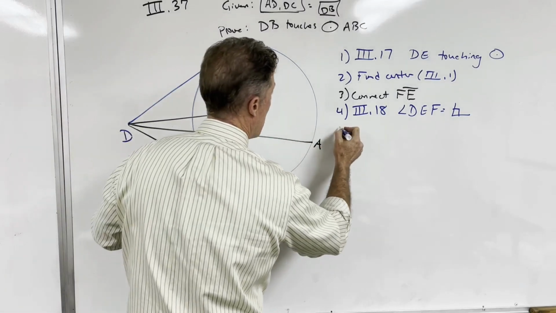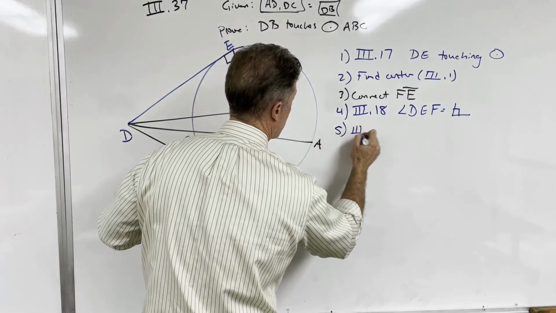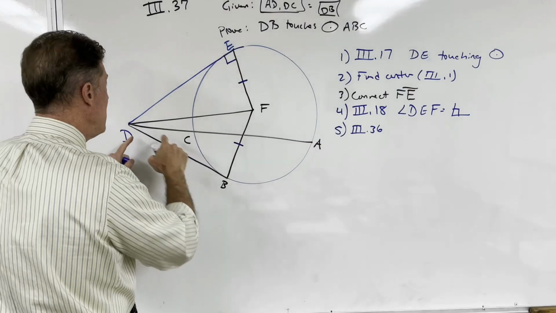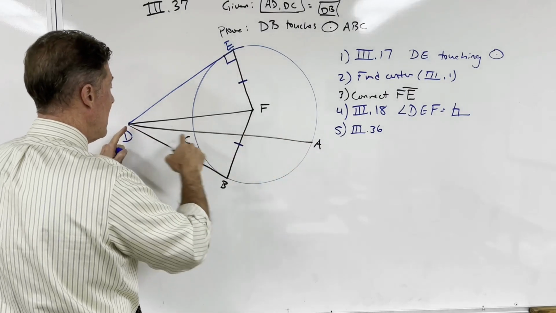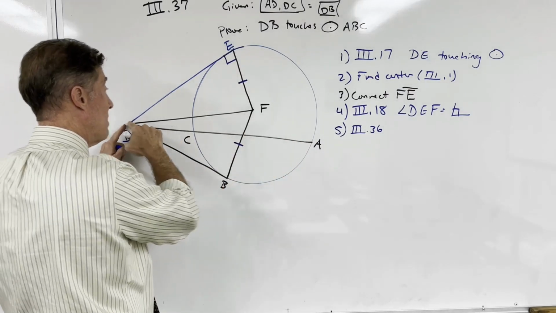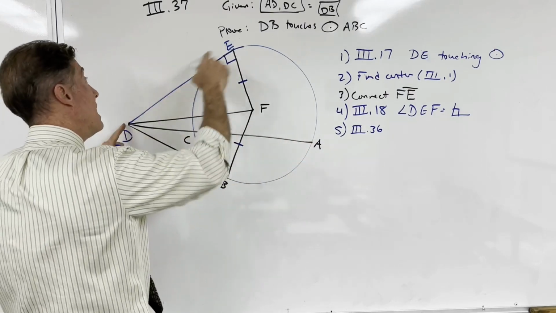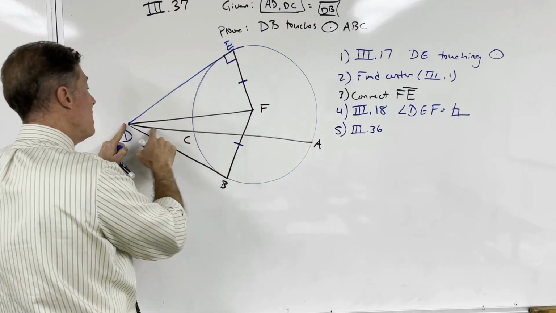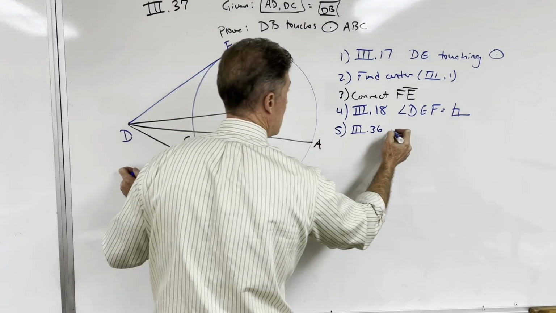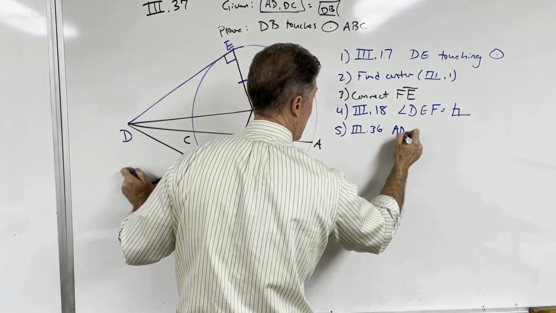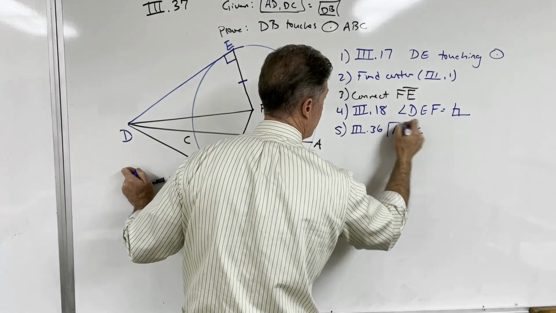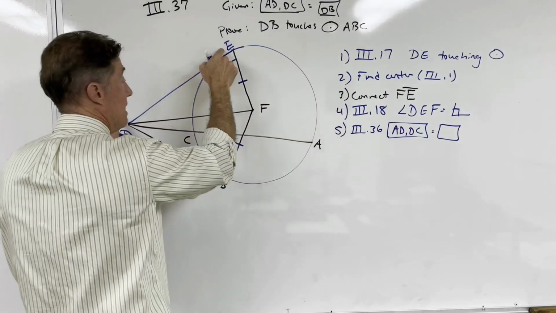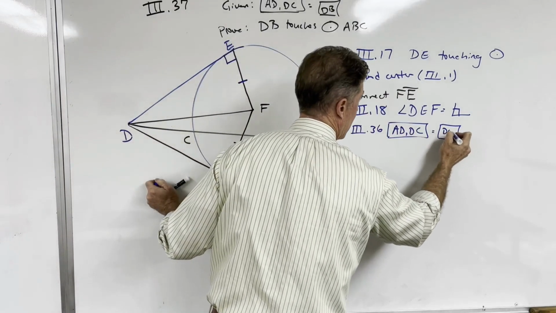In our previous prop, Book 3, Prop 36, we found out that when we have a line that cuts a circle and a line that touches a circle, the rectangle contained by the whole of the line plus this outside piece, the rectangle contained by AD, DC, is equal to the square on the touching line, in this case DE.